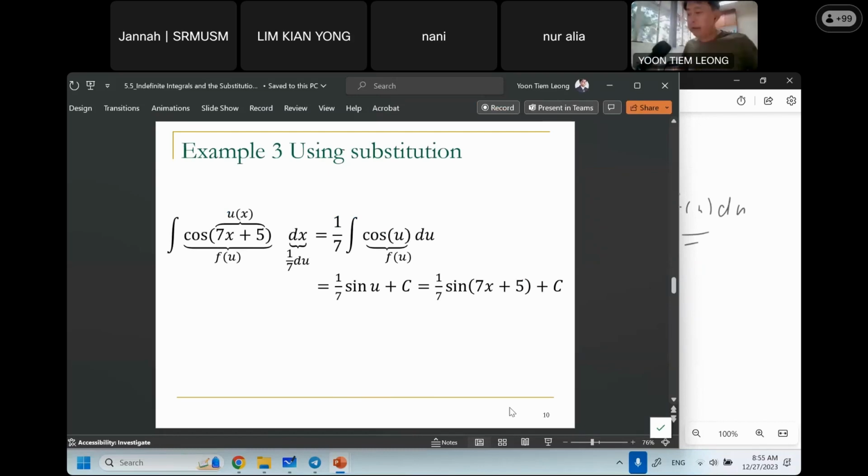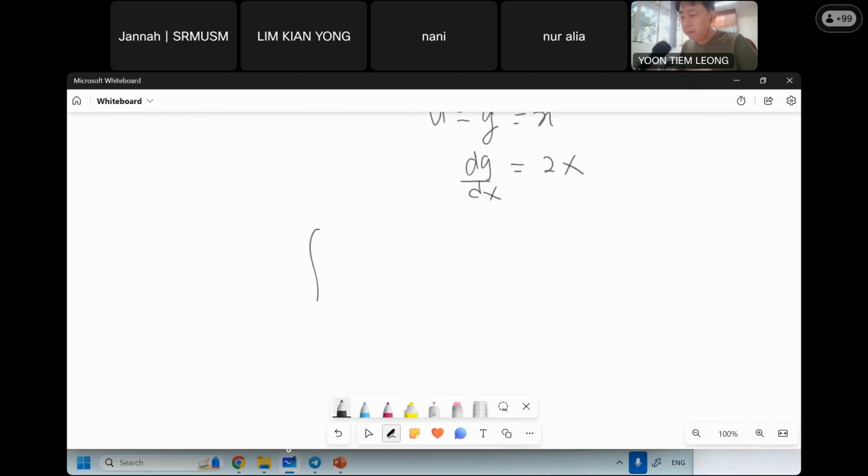In this case, we have cos of 7x plus 5, and we are going to perform the integration of this. The integration of cos of 7x plus 5 dx.